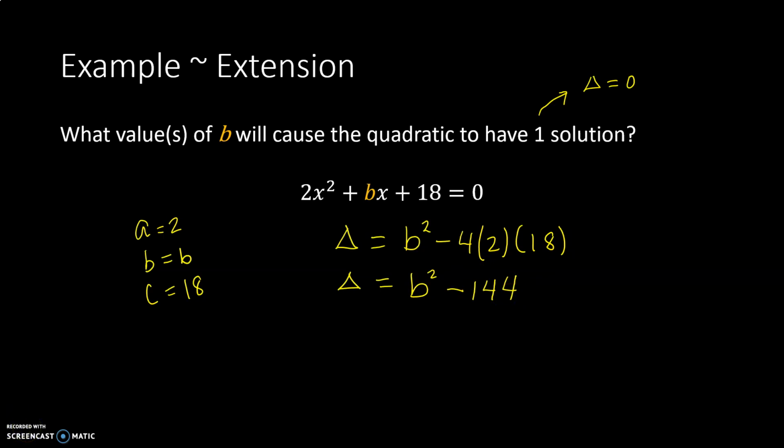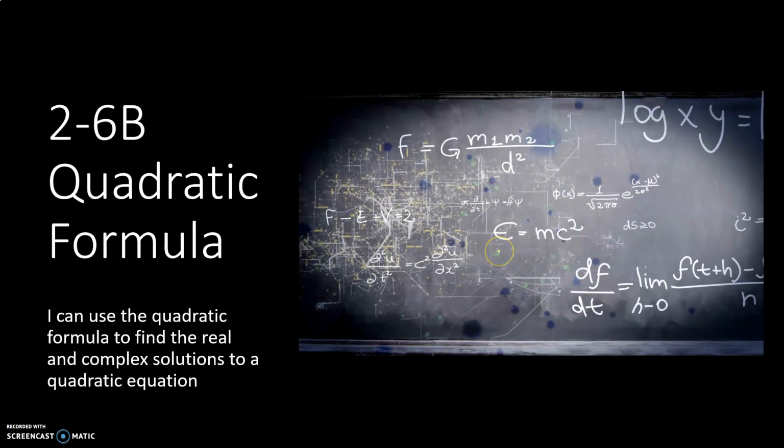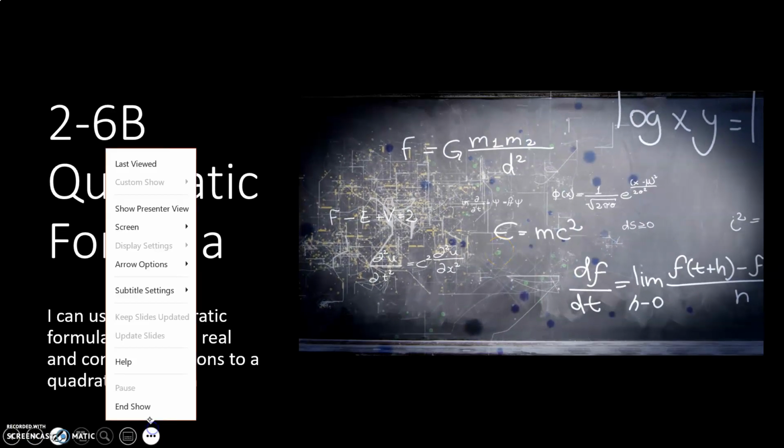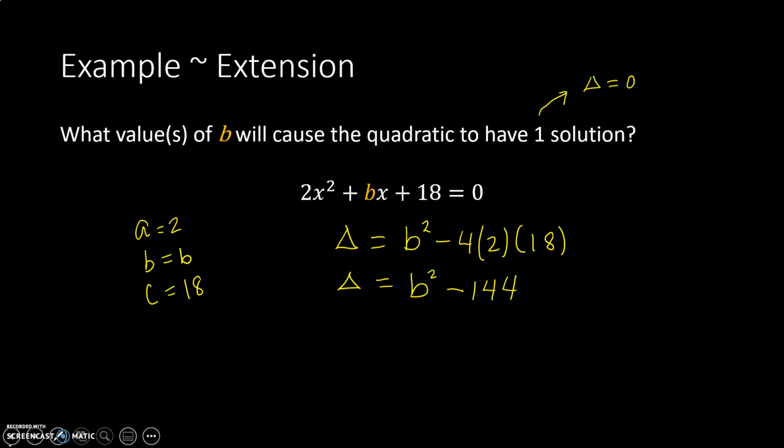That's where you couldn't type it all into your calculator because you have a b, but you could write 4 times 2 times 18 on your calculator, so you don't have to do that math in your head. So now we want this to be equal to 0, so we're going to set up an equation. And we're going to add 144 to the other side.